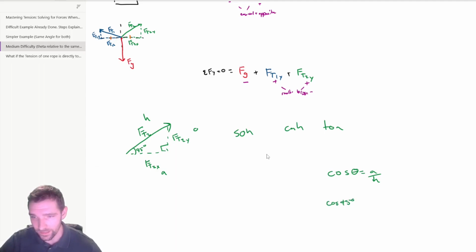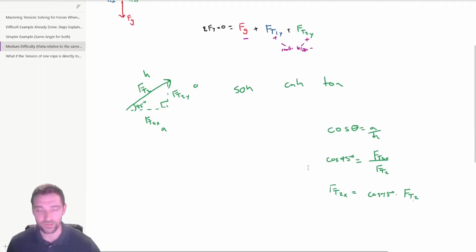So in this case, the adjacent is now going to be ft2x, and our hypotenuse is the ft2. We can write this out now as ft2x is equal to cosine 45 degrees times ft2. And you can do the same sort of thing with the sine.